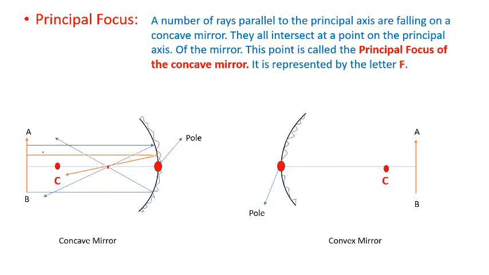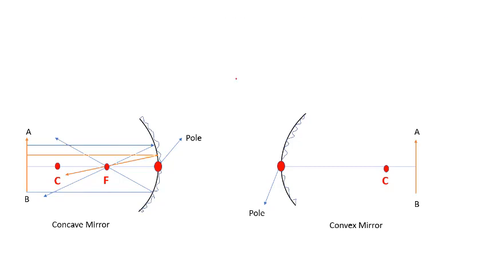We have seen that all the rays pass through a fixed point. This point is called the principal focus of the concave mirror. All the parallel rays will pass through this fixed point, which is called the principal focus of the concave mirror.